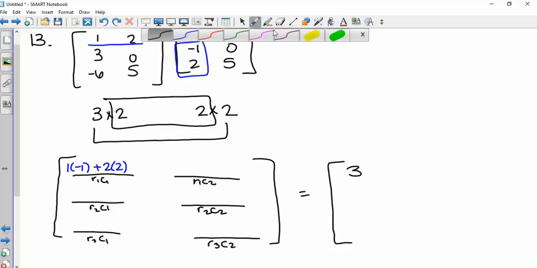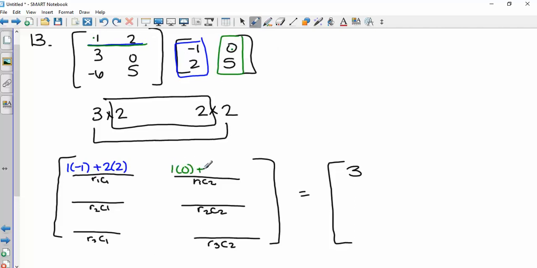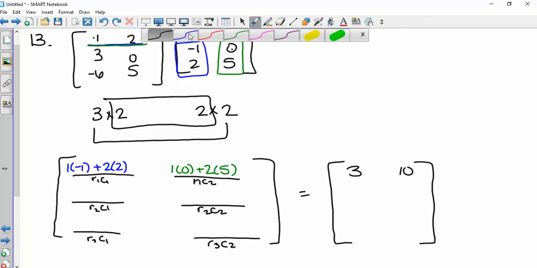So now we have row 1, column 2. So I'm going to take row 1 times column 2. So 1 times 0 and 2 times 5. So we get 0 plus 10, which is 10. Is everybody with me?